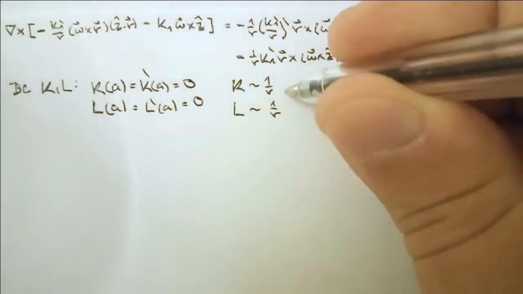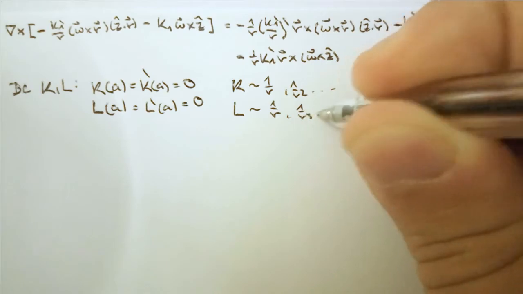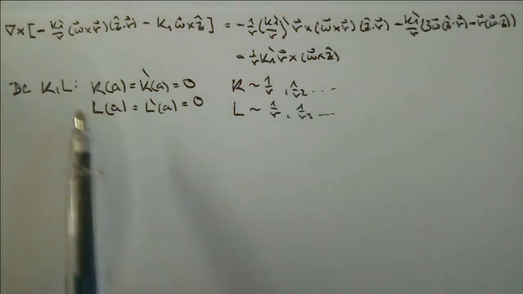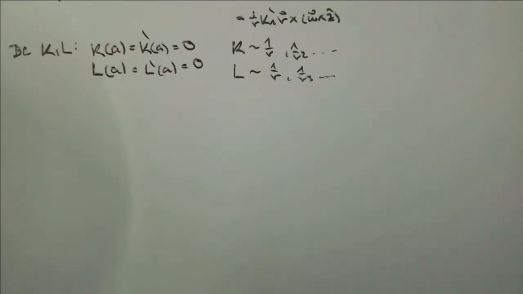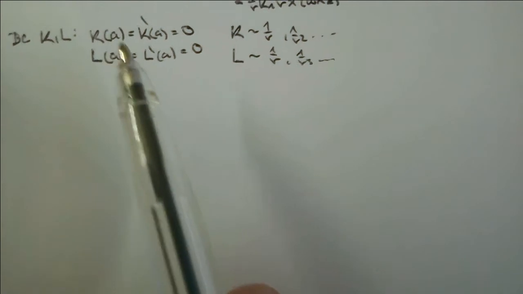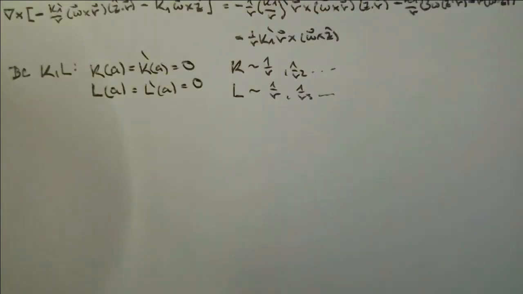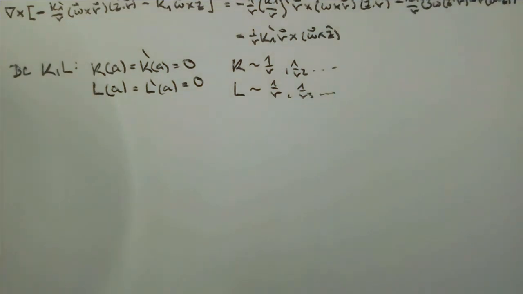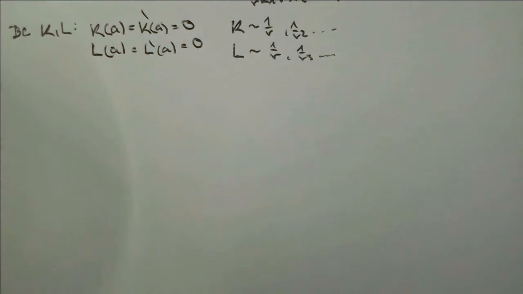They can be 1 over r squared, 1 over r cubed, but not constant terms. So these are the boundary conditions. It's not so hard to recognize, or not so hard to compute these functions, and I will present you just the results, and it will lead you to the end of this video soon.